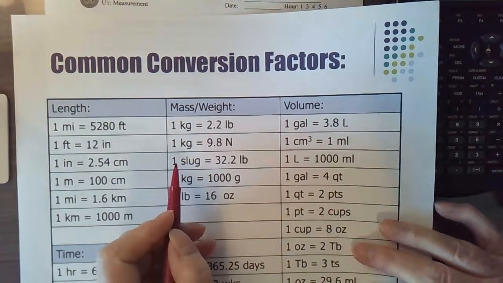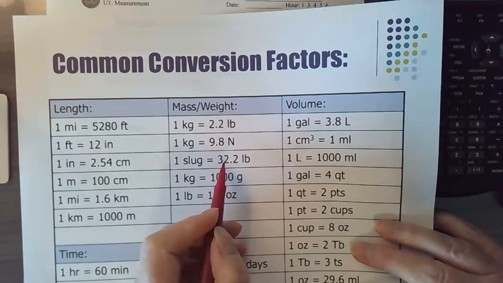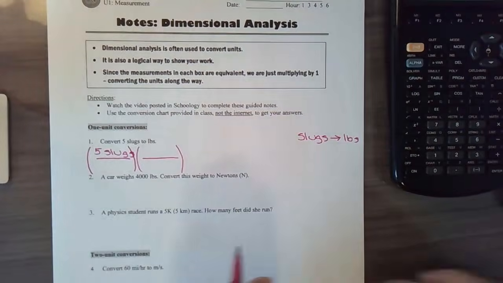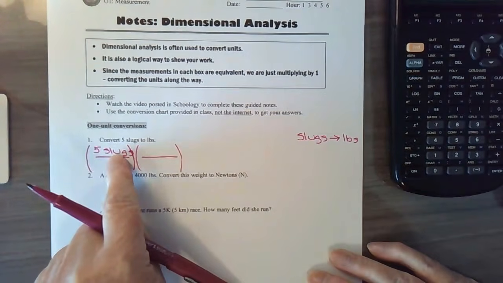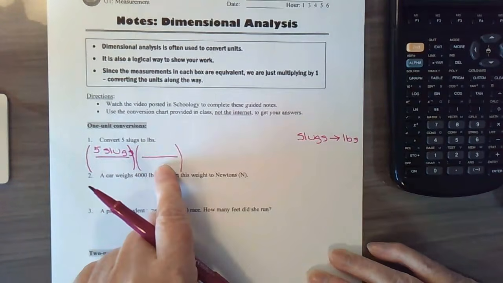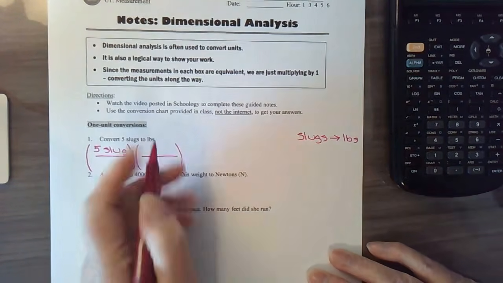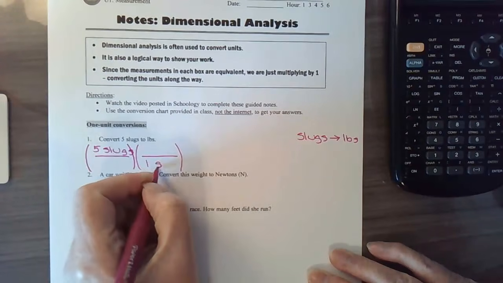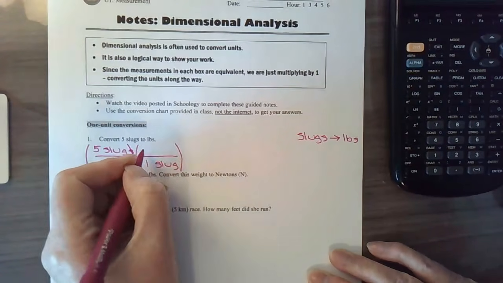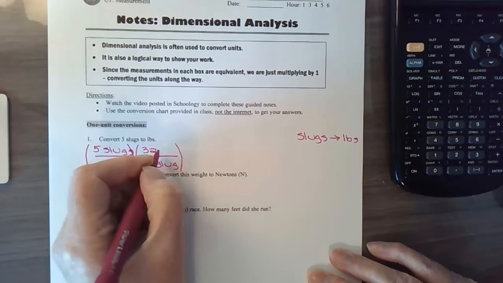How about this one? 1 slug is 32.2 pounds. Since slug is in the numerator here, I need it to be in the denominator here. So 1 slug is 32.2 pounds.